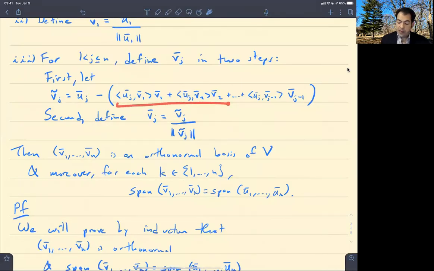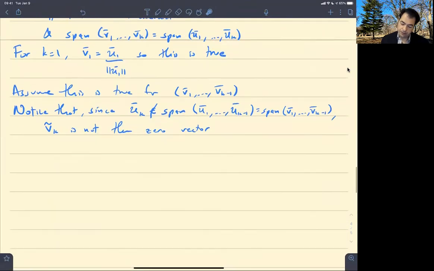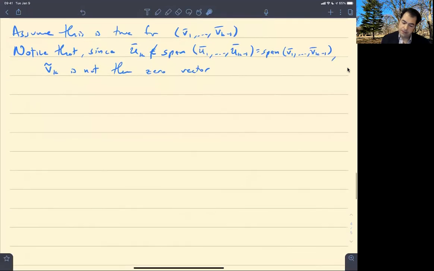So it is in the span of V1 through Vj minus 1, which by inductive hypothesis is the same as the span of U1 through Uj minus 1, and so is not equal to Uj. So we're guaranteed that this is not the zero vector, and so this definition makes sense. We're not dividing by 0. So Vk is a unit vector.